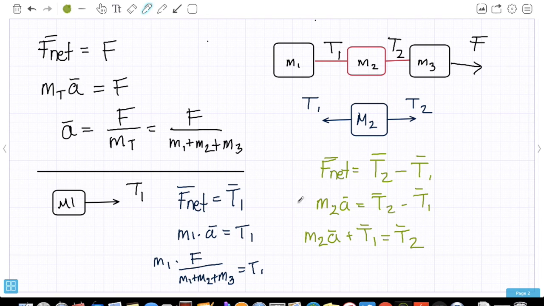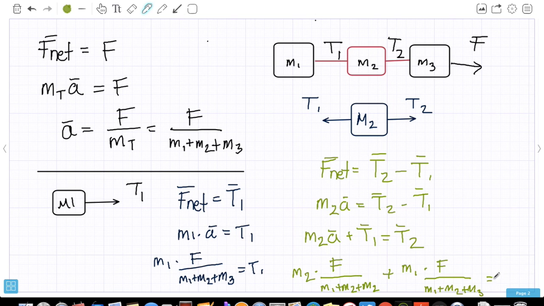So we have some pretty large substitutions here. M2 times A. Well, A is equal to this. So we have F over M1 plus M2 plus M3. And then T1 is equal to this right here. So that's M1 times F over M1 plus M2 plus M3.